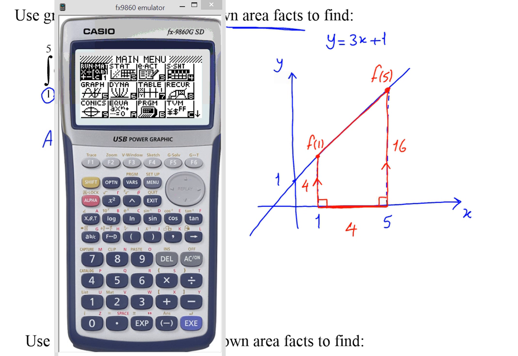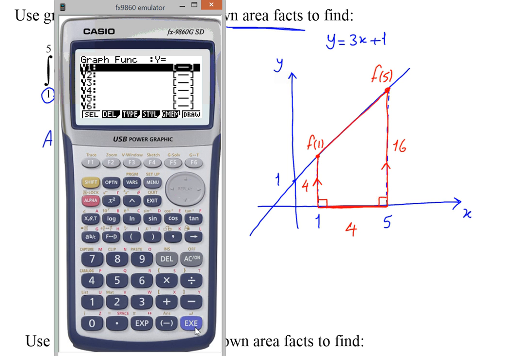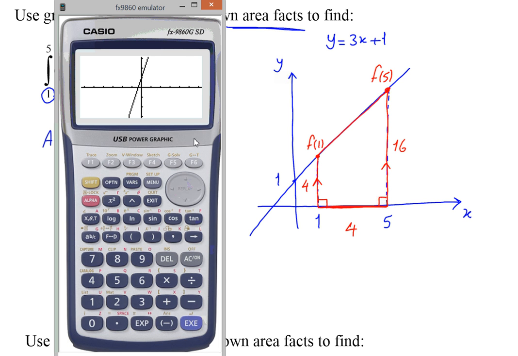I'll show you another way to check the definite integral using the graphics calculator and the graph option on the calculator. So if you go to graph and then graph the function y equals 3x plus 1, let's change the view window so that we are able to see most of this graph here.